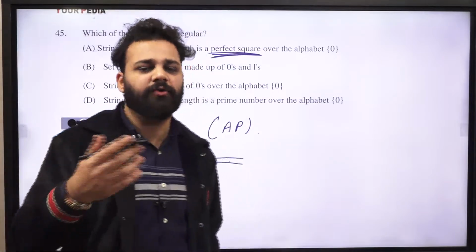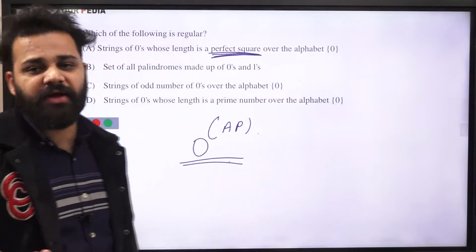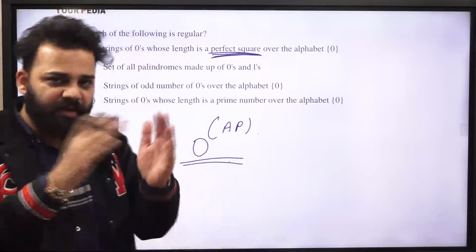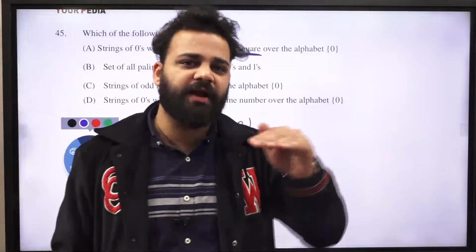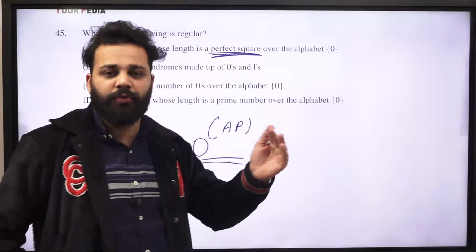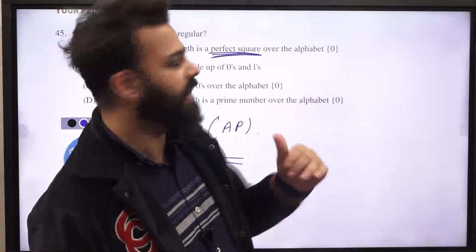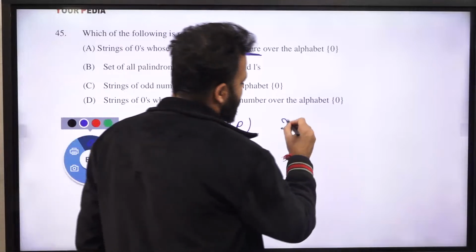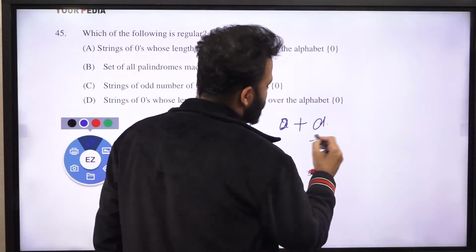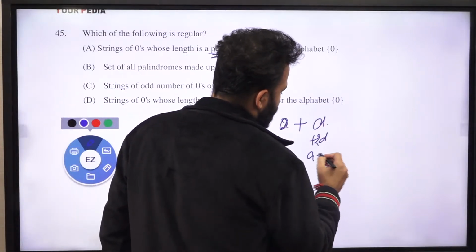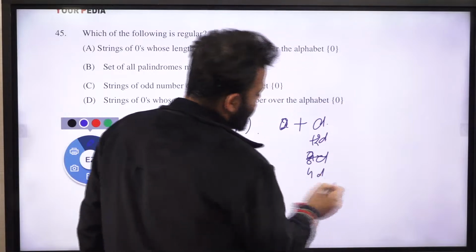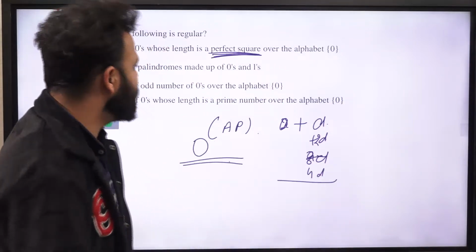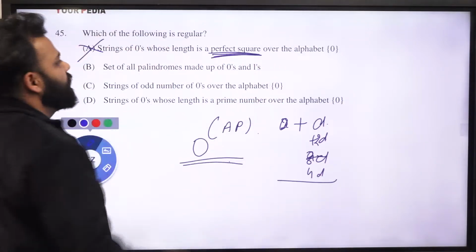If you are trying to run any language having an infinite number of strings, there must be a pattern that you can use to make a DFA with loops. But if you don't have a specific pattern, like in AP, where after every iteration you add d, 2d, 3d, 4d, so there is a pattern there. In this case we cannot make it, so it is not regular.